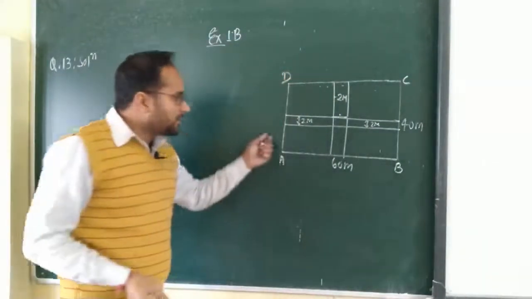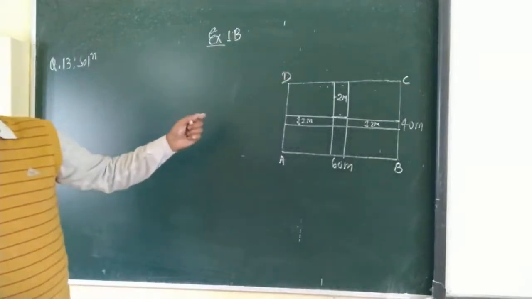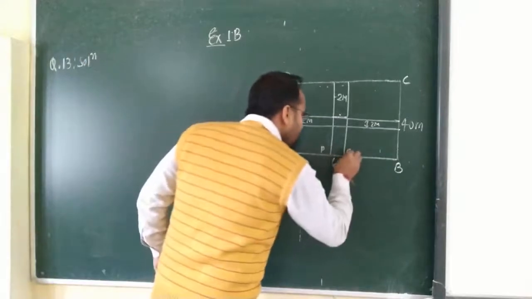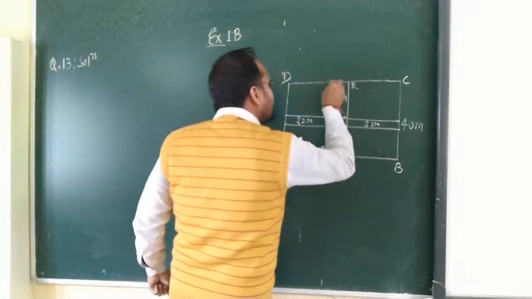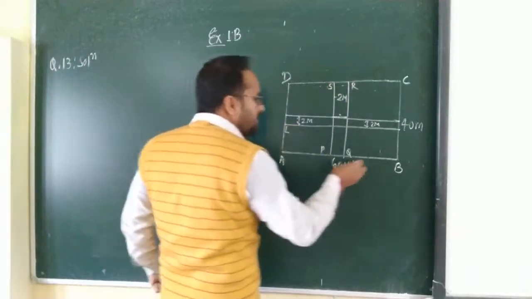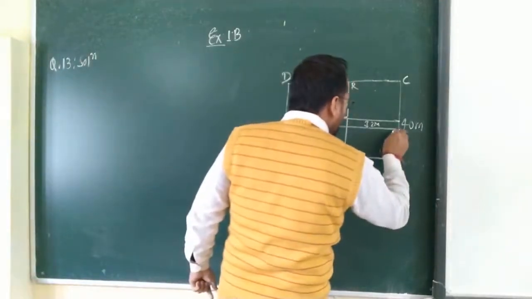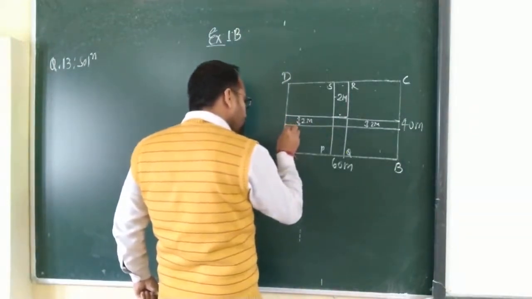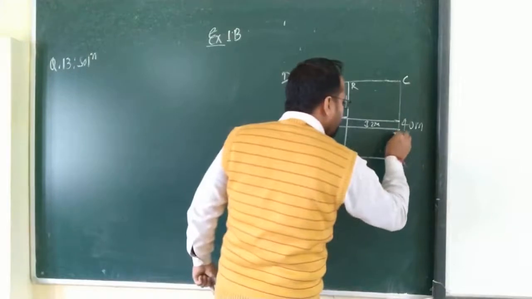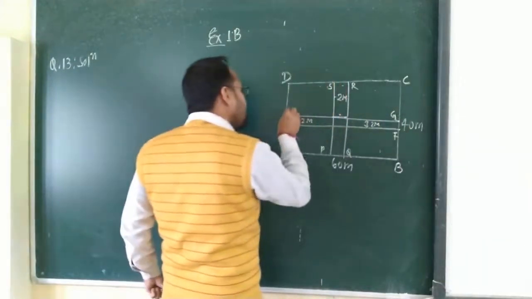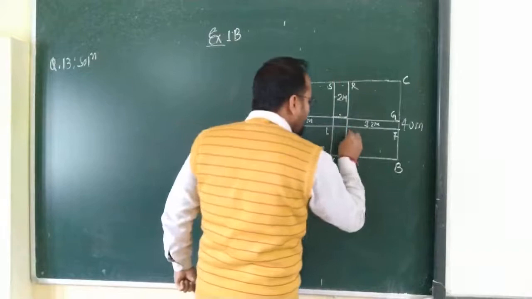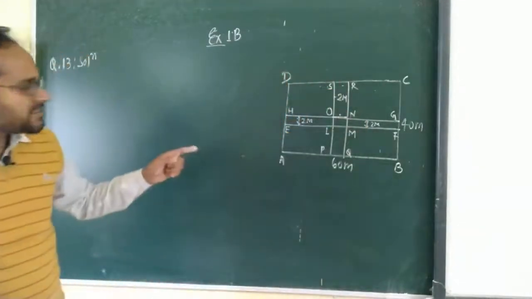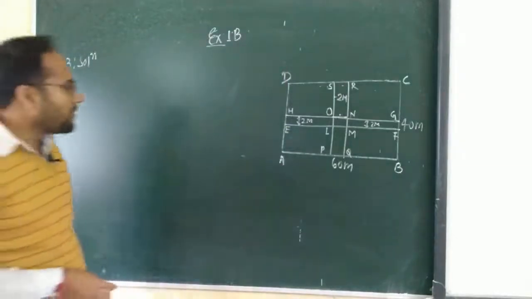Then the names of the roads: this one is P, Q, R, S, and this one is E, F, G, H. L, M, N, O is the common region.